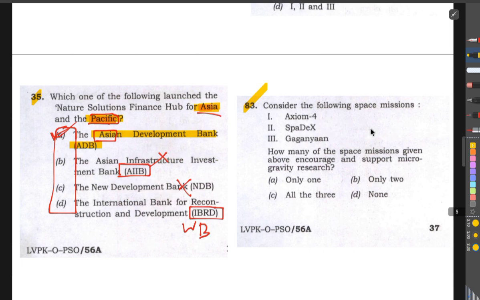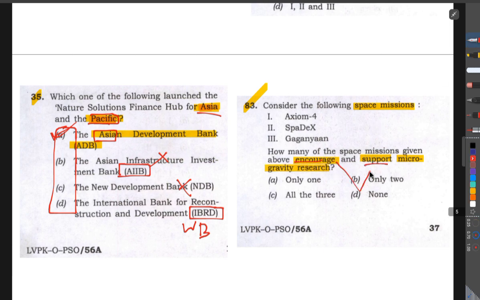And let's read 83. Here what you have to spot is they have given space missions. They have given 3 space missions, and they're asking how many of the space missions given above encourage and support. You might or might not know about microgravity research, but they are asking encourage and support.